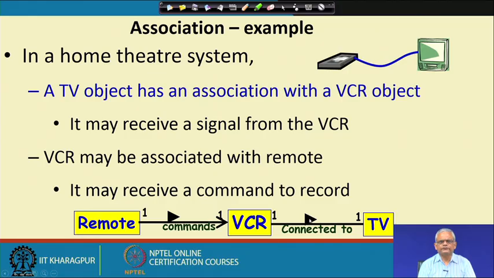We will see the details of how to represent the association relationship, what are the implications of just drawing an arrow, just drawing a line, and then we write the name of the association here on this line or arrow, and we write the reading direction. Say that the VCR is connected to TV, it helps us to read, or we can read the TV connects to the VCR. The remote commands the VCR, or we can read it as the VCR receives commands from the remote.